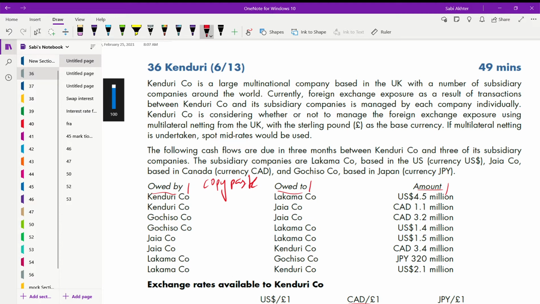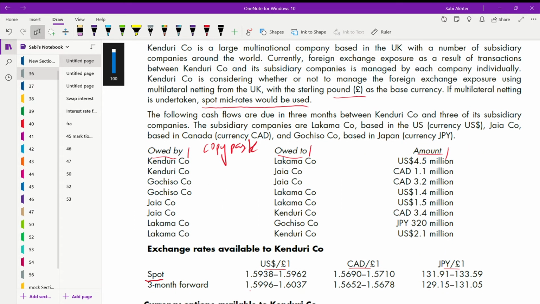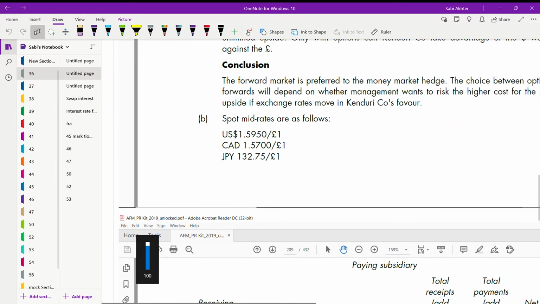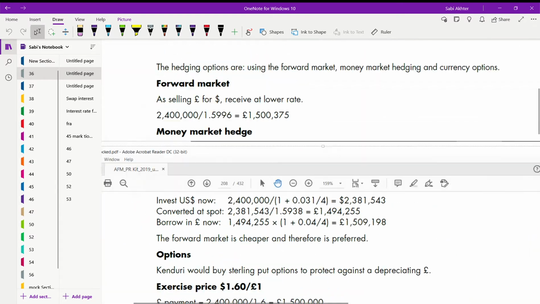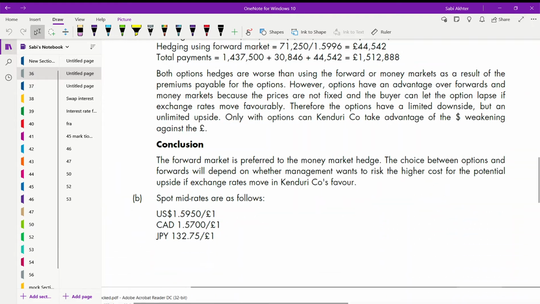If multilateral netting is undertaken, spot mid rates would be used, and this is the base currency in pound. Okay, so if you see the answer later, just see how it has been done. This will go through later.